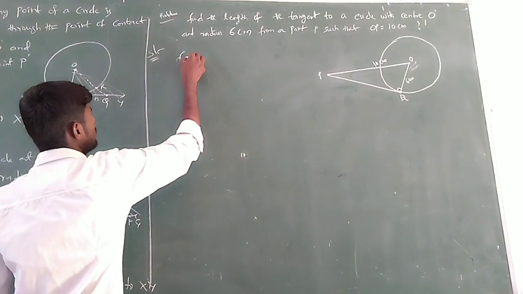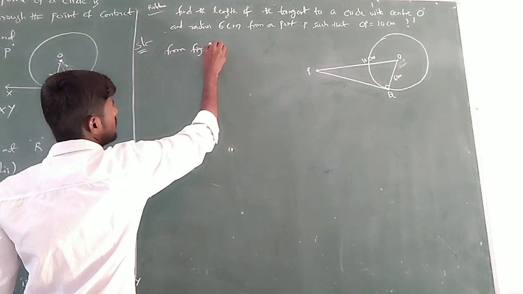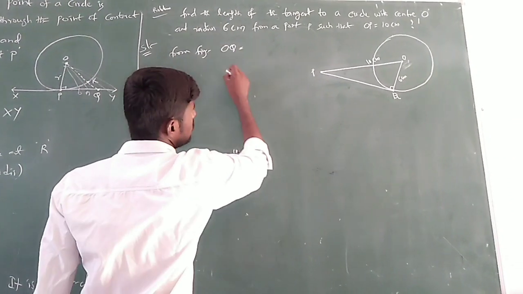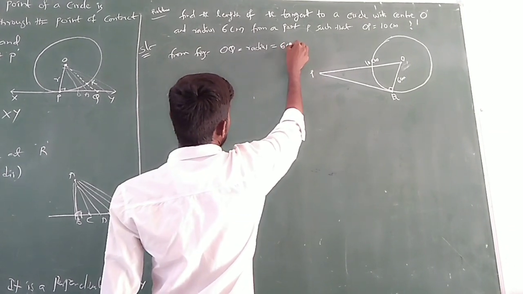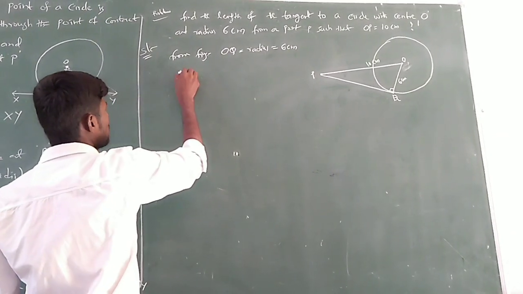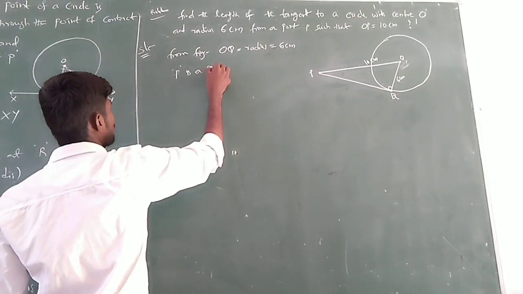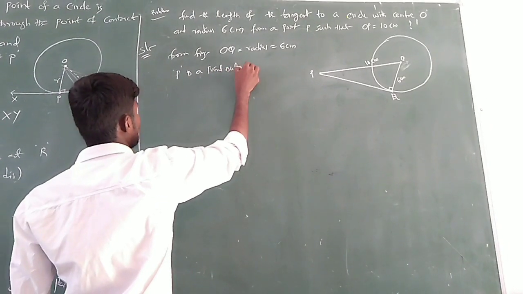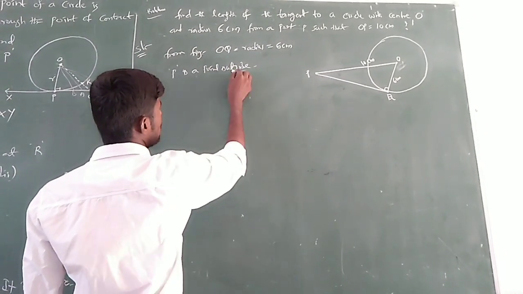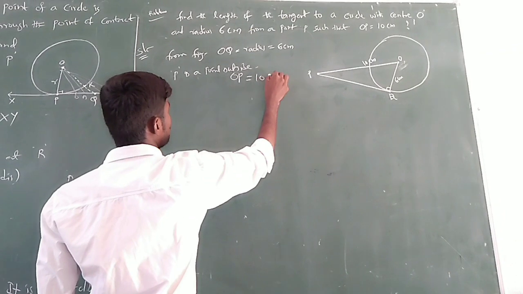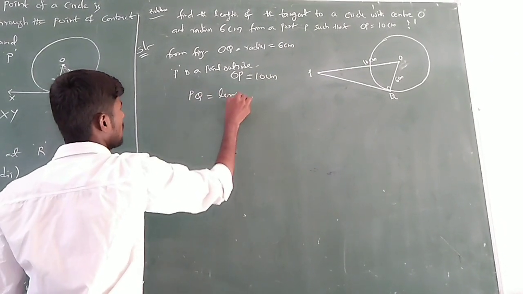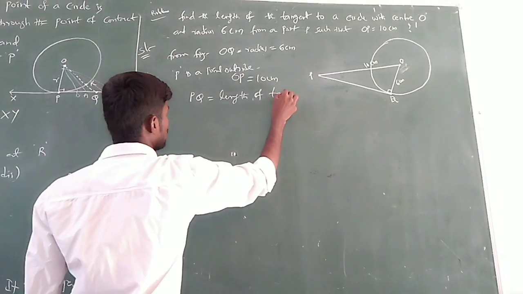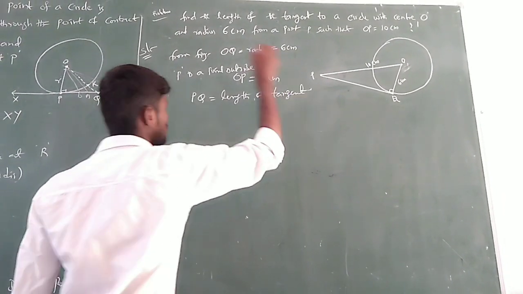So from figure, OQ is equal to radius is equal to 6 centimeters and P is a point outside of the circle. Then what is given, OP is equal to 10 centimeters and PQ is the length of the tangent.